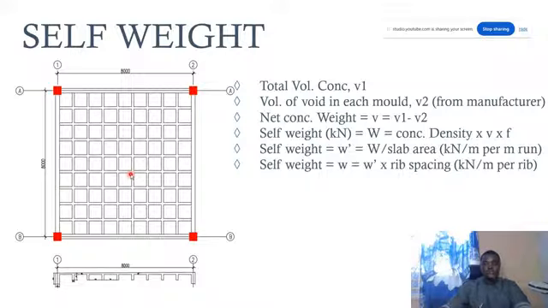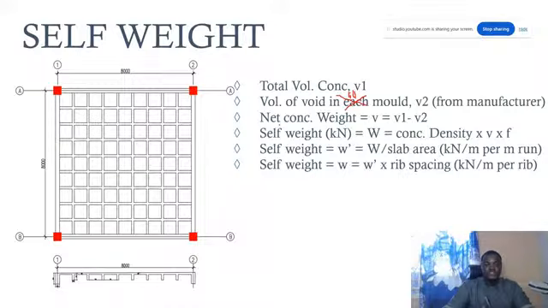That's how you get this volume. Sorry, it's not in each, it should be the volume of void in all the molds. After you've gotten it for one, you multiply by the total number of molds you have.